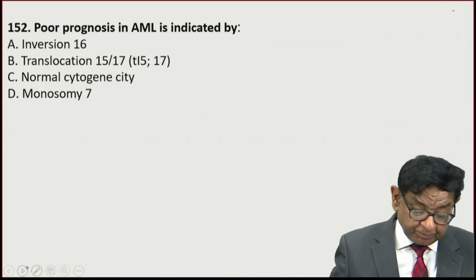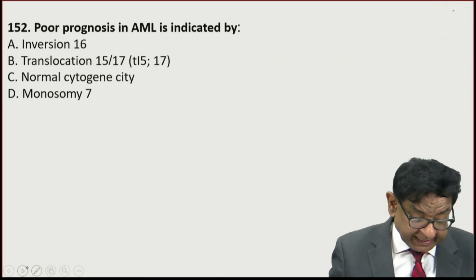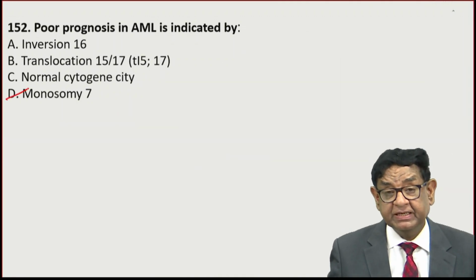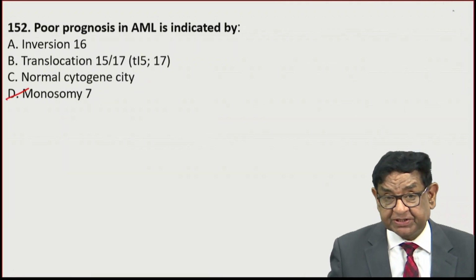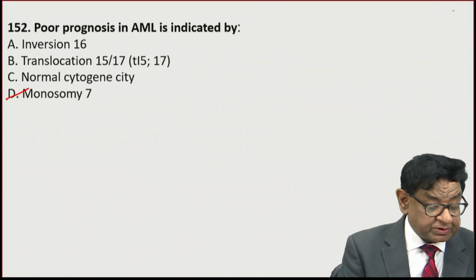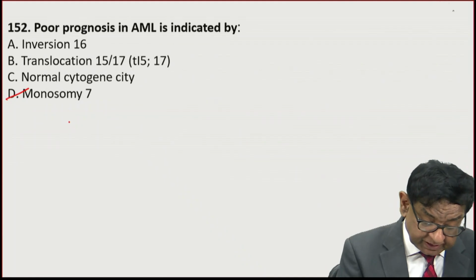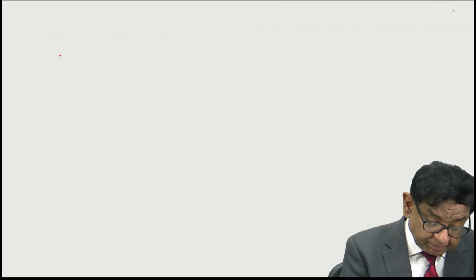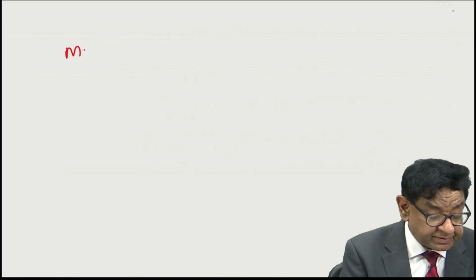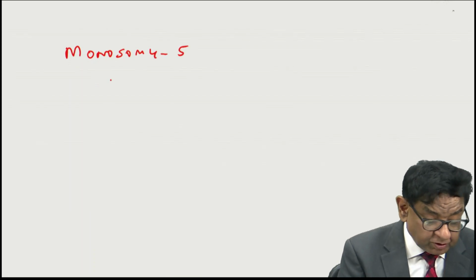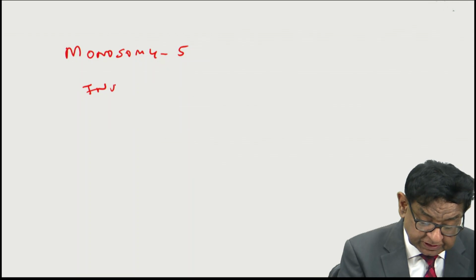Question 152. Poor prognosis is indicated by monosomy 7. Let us see what other features indicate poor prognosis in a case of AML. Poor prognosis is also indicated by monosomy 7, monosomy 5, and also by inversion 3.